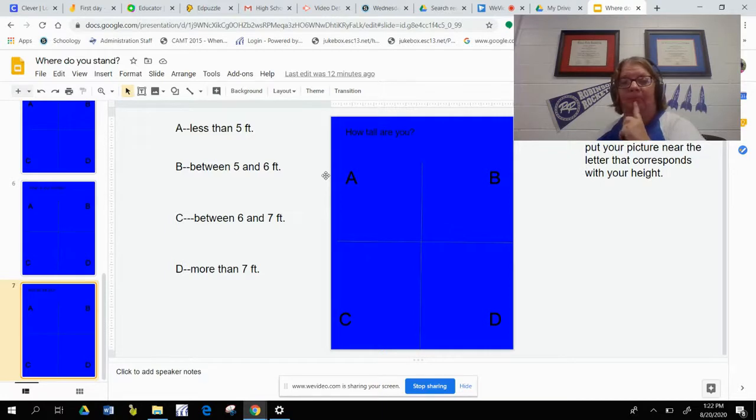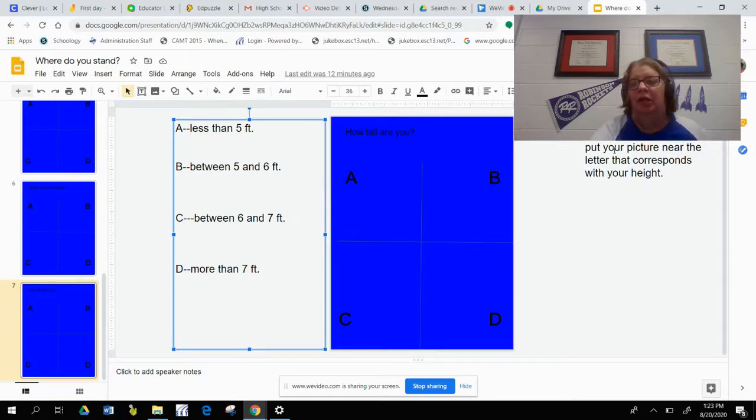What word is that? It's a function. If you said function, you were right. If you remembered it, props to you. That's great. A function, in a function, each input has only one output.